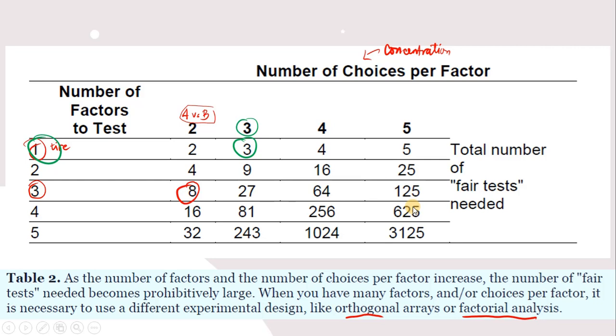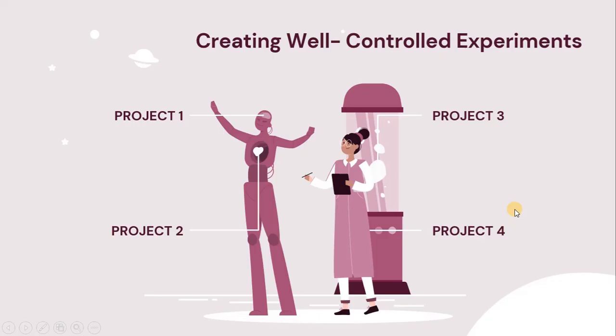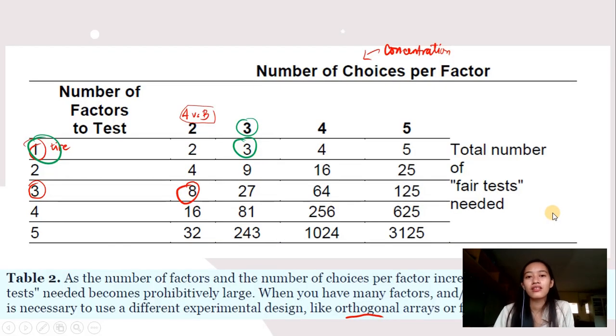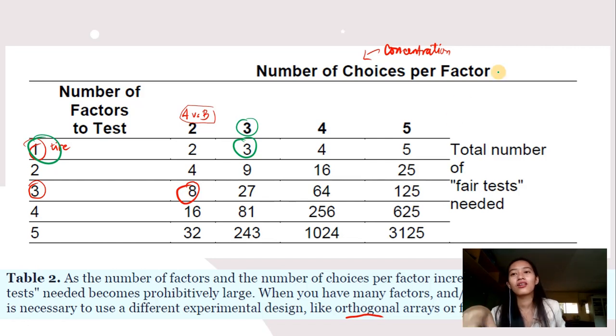So understandably, ma-solve na siya gamit ang mathematics, combinations. Okay. Then creating well-controlled, you can study this branch of math kani pag solve ani sa combinations. Search lang man ang combinations.